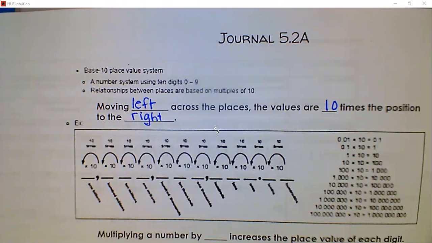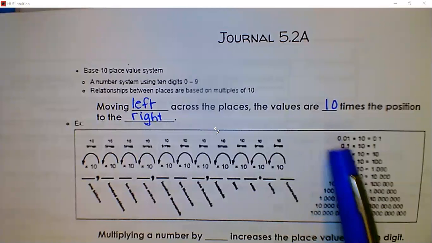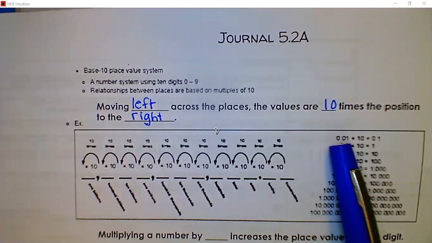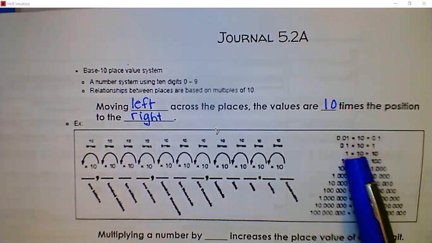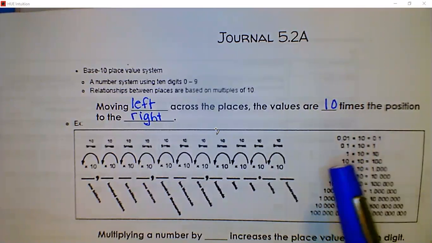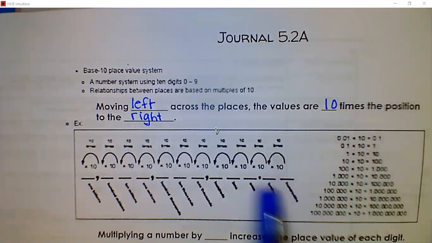What that means is, as you can see in the example here, that as we jump to the left, we multiply that digit by 10 to get the value. So we go from 1/100th times 10 to 1/10. 1/10 times 10 to 1. 1 times 10 to 10.